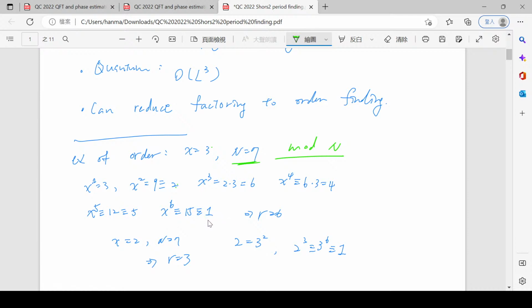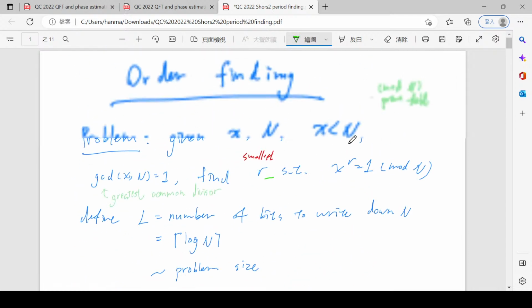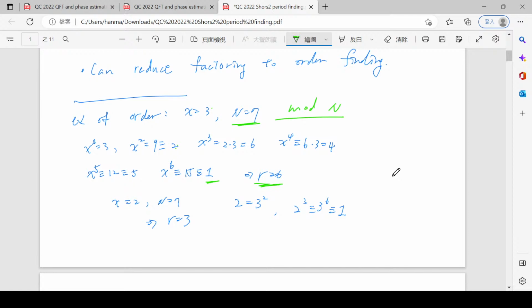Okay? So you see the order here equals 6, because that's the smallest power of x that will equal 1 mod n.